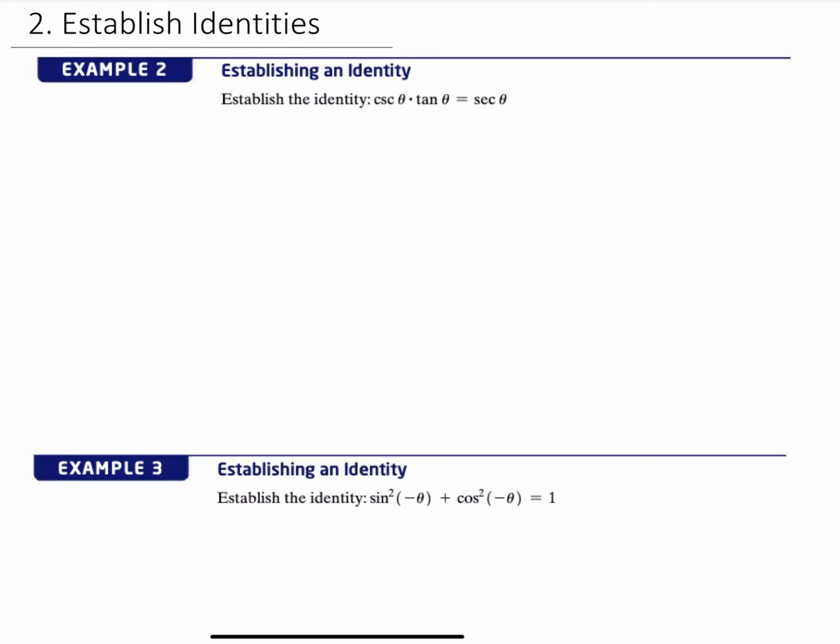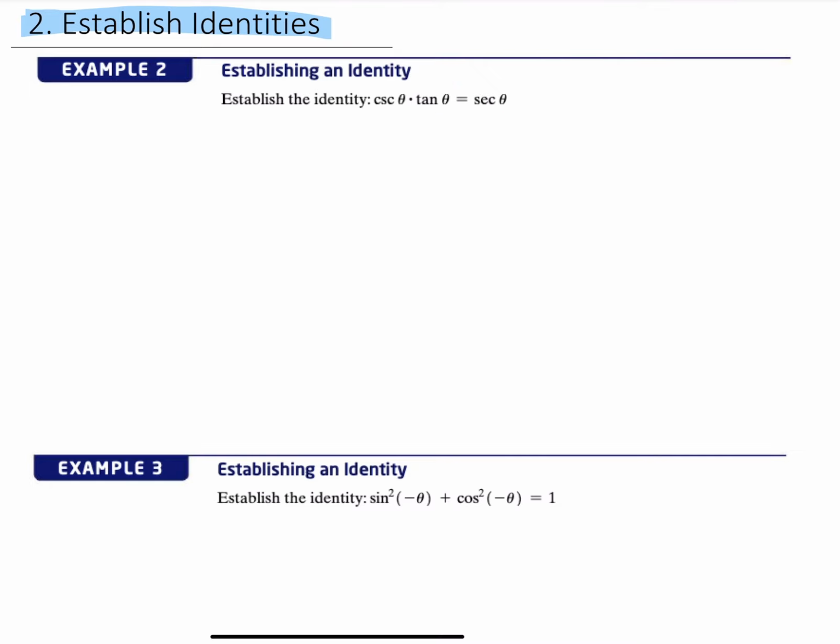So this has us establish identities, or you could call this verifying identities. So let's go through these and let's think about what we can do. In example 2, we have the cosecant times the tangent equals the secant. So is this true? You can put a little question mark here.